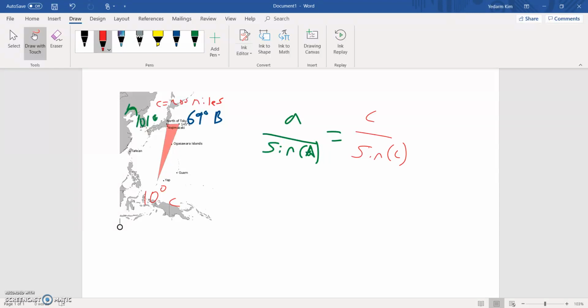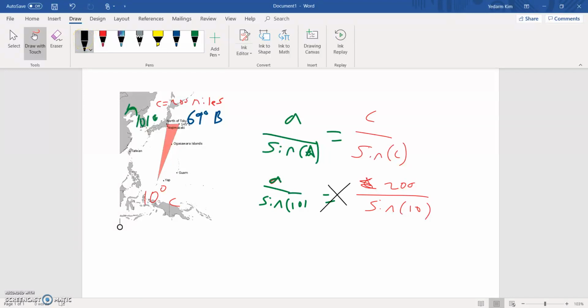If you just plug in the numbers, it would be A over sine of 101 is equivalent to 200 over sine of 10. And if you plug that in, you gotta cross multiply.